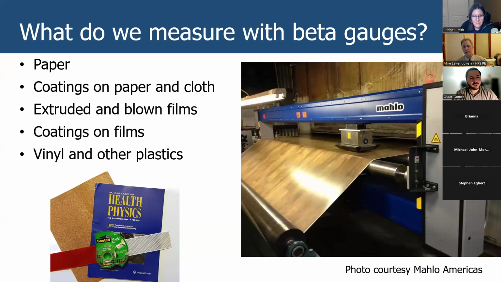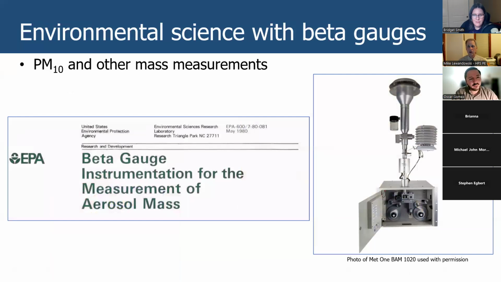But lest you think that this is all simple applications, we can also do environmental science with beta gauges. We're just going to sort of change the size and scope. So a lot of aerosol mass measurements are being done using automated mass measurements. So PM10, PM2.5, a lot of those measurements for environmental science are being done using something called a beta attenuation mass monitor.